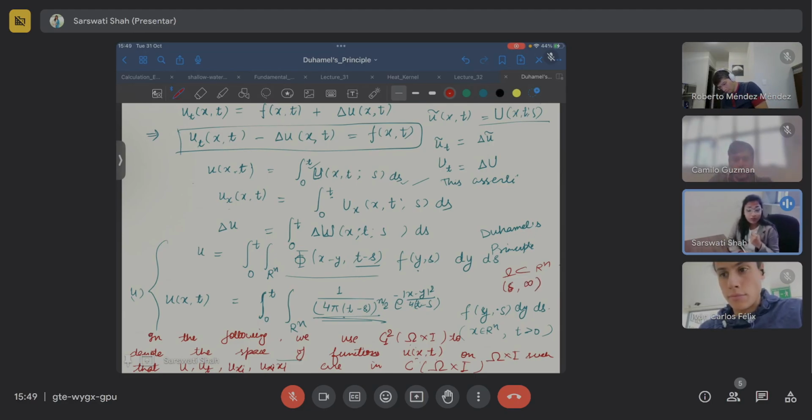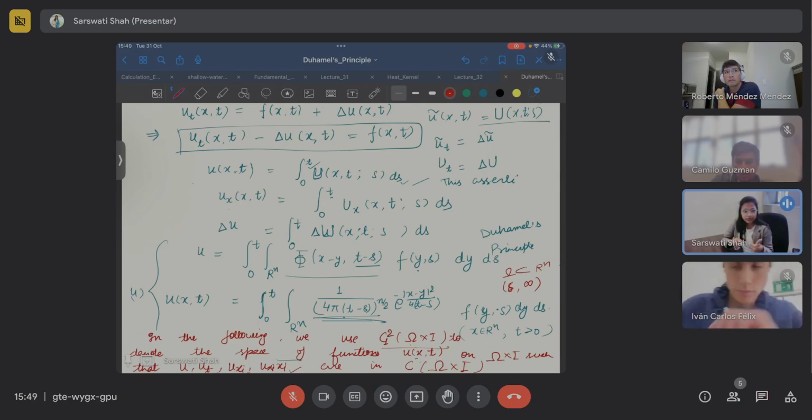So when you talk about the solution of the heat equation, the space of function u is coming from this space, because we know that if u is a solution of the heat equation, then its first order derivative with respect to time, first order derivative with respect to space, and second order derivative with respect to space variable should exist, and it should be continuous to be a smooth solution of the system, isn't it? Is it clear?